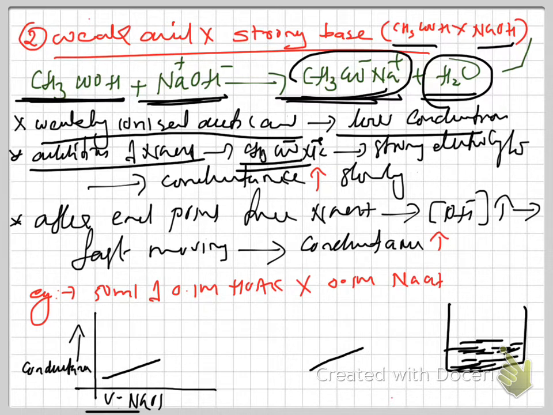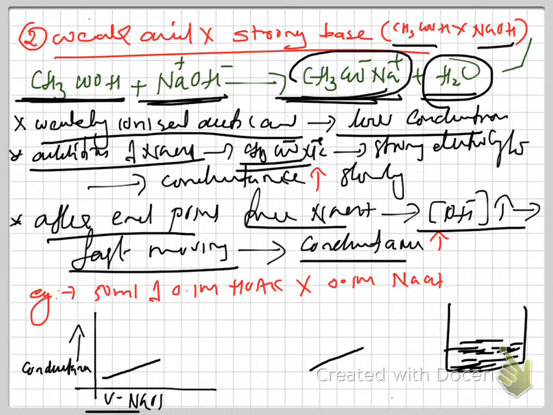On further addition of NaOH, excess NaOH will be in solution. When excess NaOH is present in solution, free OH minus concentration increases, which has high conductance. After the endpoint, free NaOH will come to the solution, then OH minus concentration increases, which are fast moving, then conductance increases rapidly.